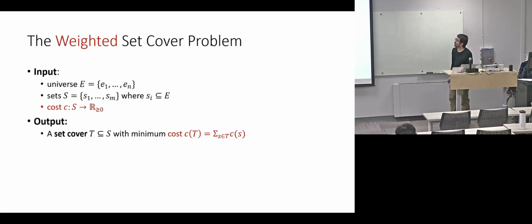Previously it was deterministic rounding, now we're going to do it randomized. Let's look at the set cover problem again, but now the weighted version. It's the same problem, except that now you have a cost on each set, and you want to find a set cover such that the total cost is minimized.